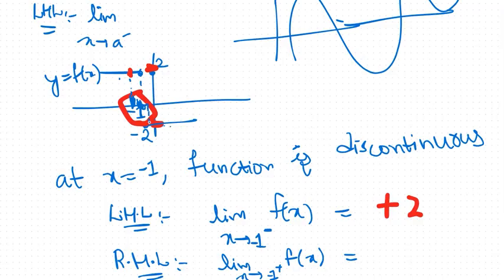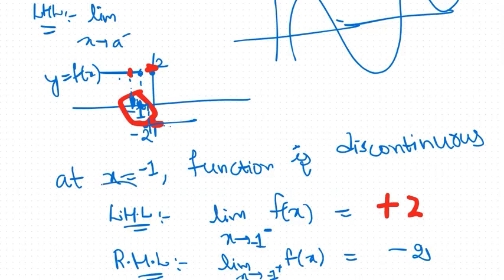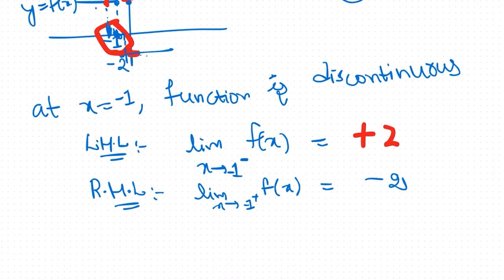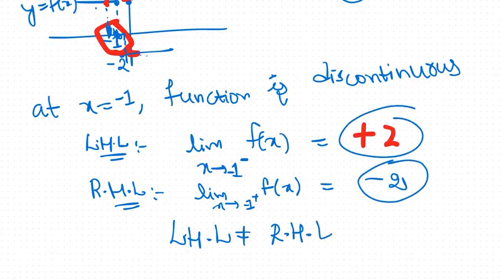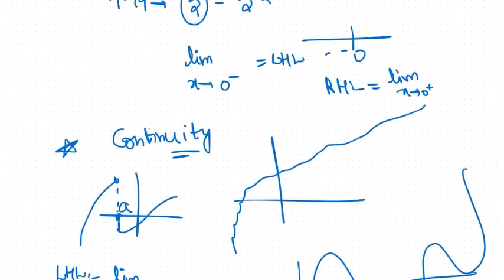So just after -1, we get the graph here, -2. What did you notice so far in this? The value changes, the sign. So LHL, is it equal to RHL? No, right? LHL is not equal to RHL. See, there is a difference of 2 and -2. So LHL is not equal to RHL. See, earlier we discussed for a function.